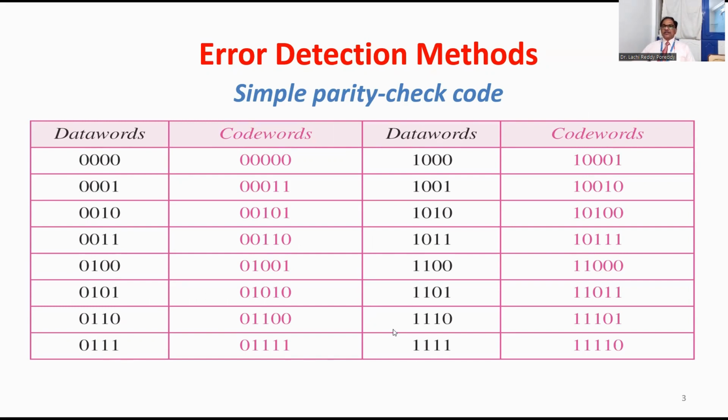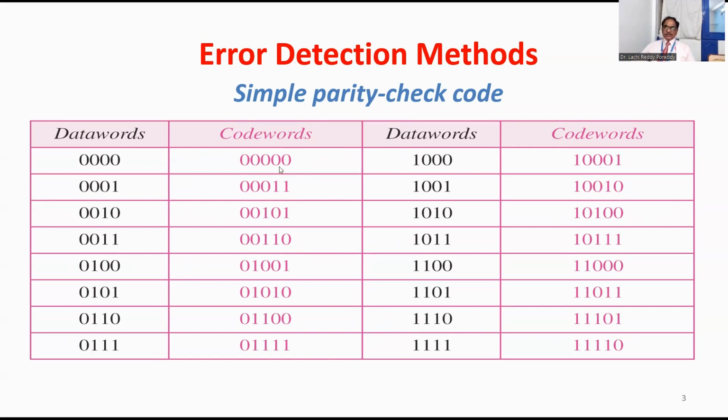These are the 16 possible messages for sending a 4-bit message. For this, if you want to use parity for error detection, we will be appending one extra bit on the LSB side. The value of that bit depends on the number of ones.